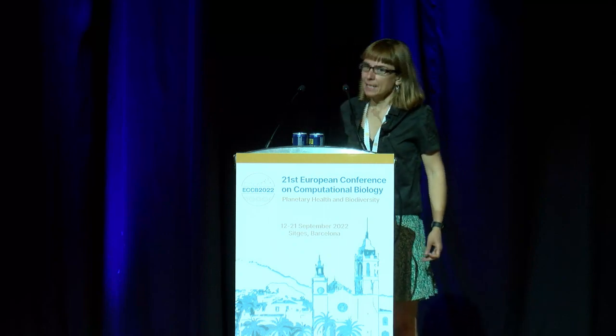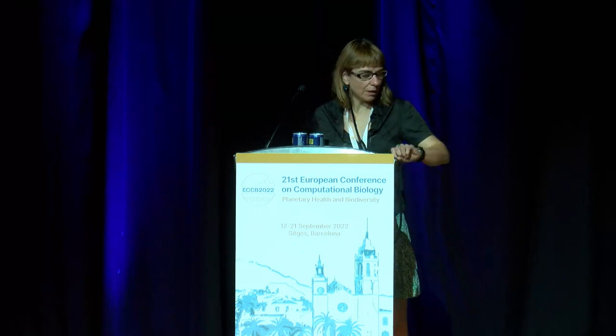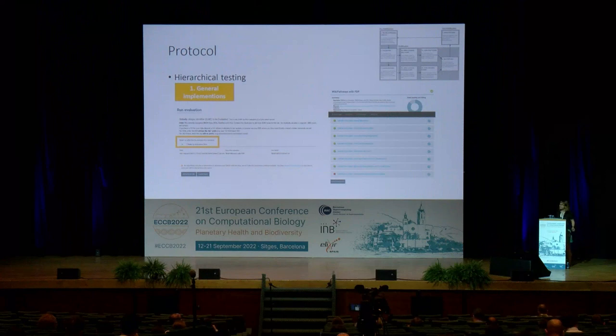So next, what we did was to set an evaluation protocol for the rare disease community. We call it hierarchical testing because, as I mentioned, the verification process that we held is an iterative one. So in the first iterations, we applied the global FAIR metrics, just to be sure that we are complying with FAIR at the universal level.